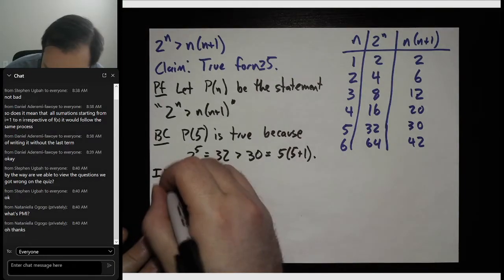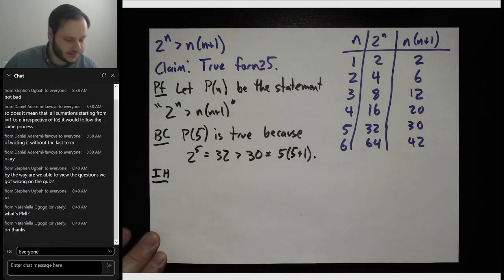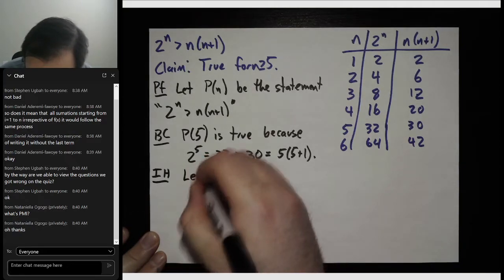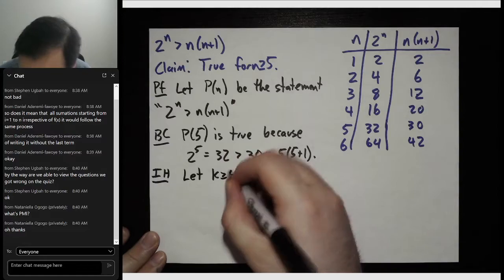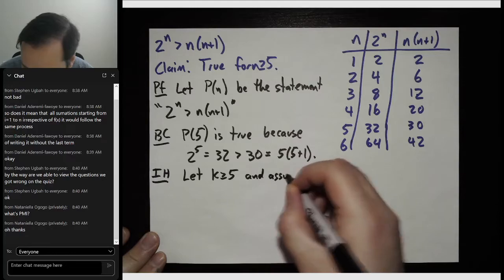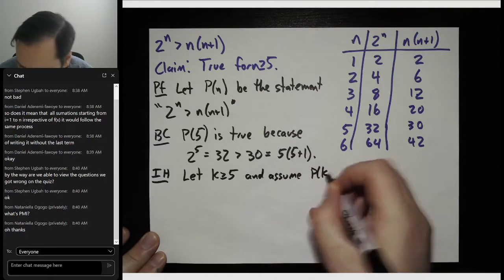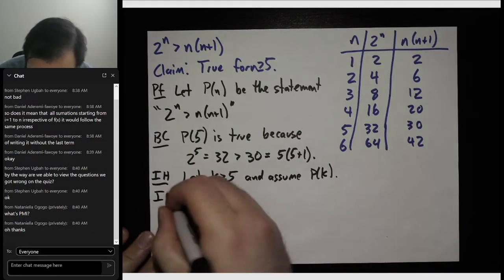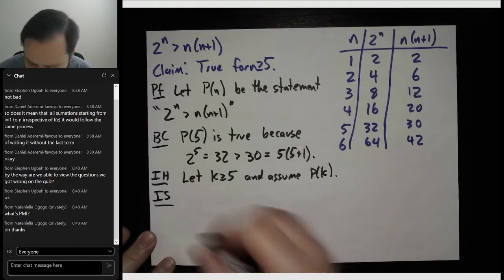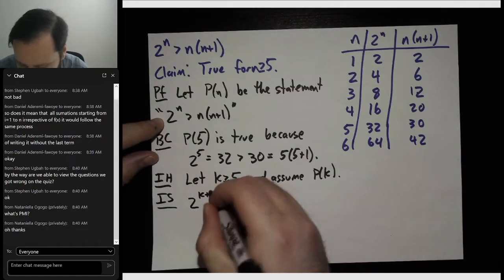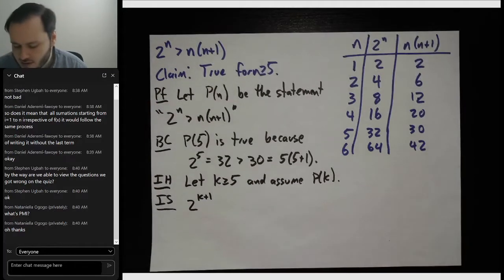And now in my induction hypothesis, I want to assume k is greater than or equal to 5. Let k be bigger than 5 and assume P of k. So now in my induction step, what do I want to prove? I want to prove that 2 to the k plus 1 is bigger than k plus 1 times k plus 2.